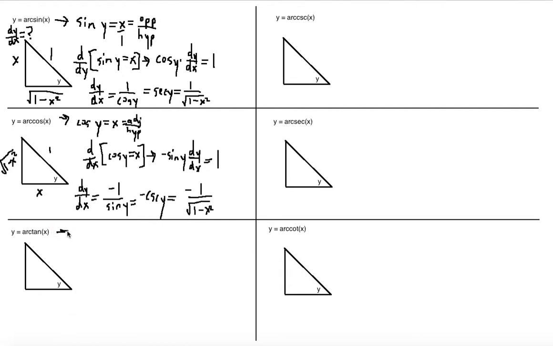Again, with a tangent. This tells us that tangent of y is equal to x. This is an opposite over hypotenuse. Oh, sorry, that's sine. Opposite over adjacent.